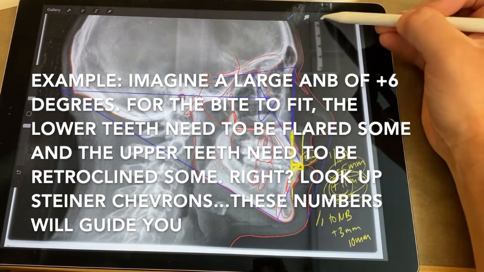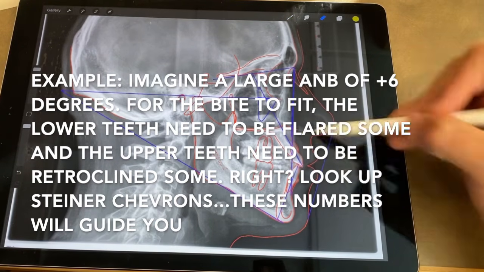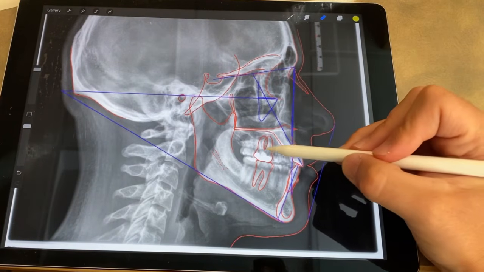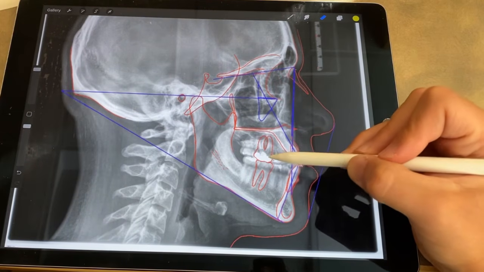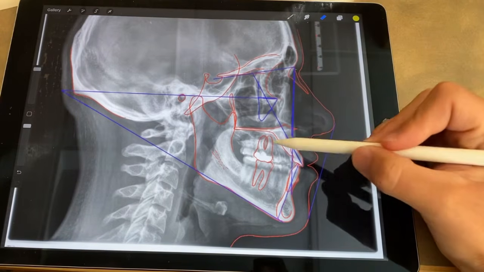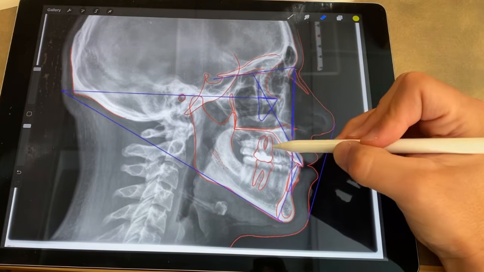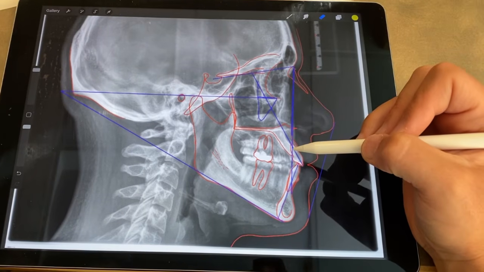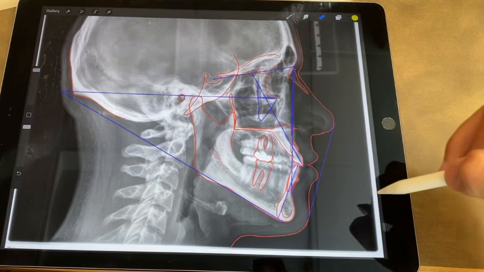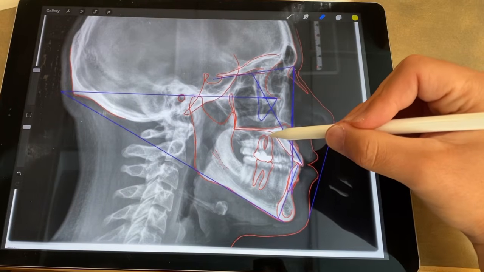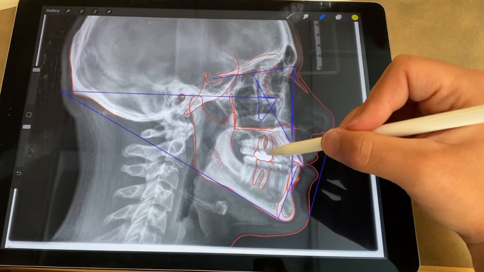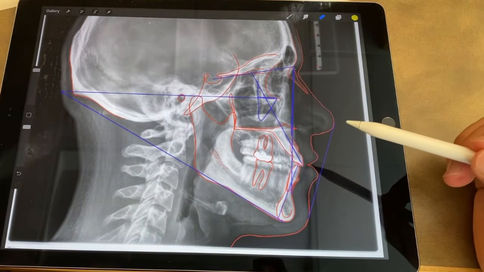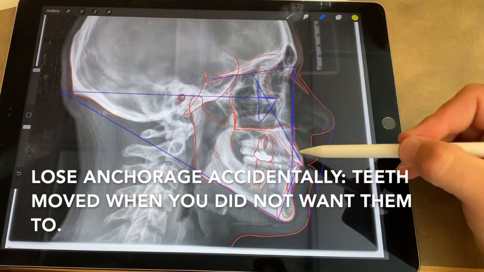So those are some other measurements that we use to give us clues on how to treat our patient. Let's see. So why do we trace the molars? What's the point of that? Well, we trace them in the ceph here, but we're really only using it when we're done with treatment and we're comparing a before and after, and we want to see, did I intrude the molars like I wanted to, or did I move the molar mesial to close all the space as much as I wanted to, or did I lose anchorage and maybe retract too much?